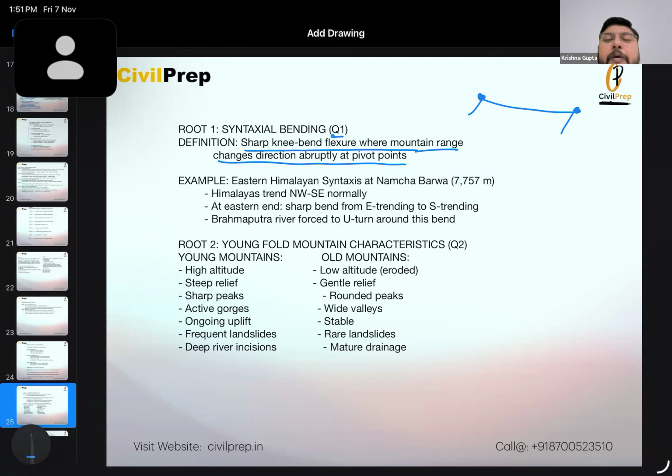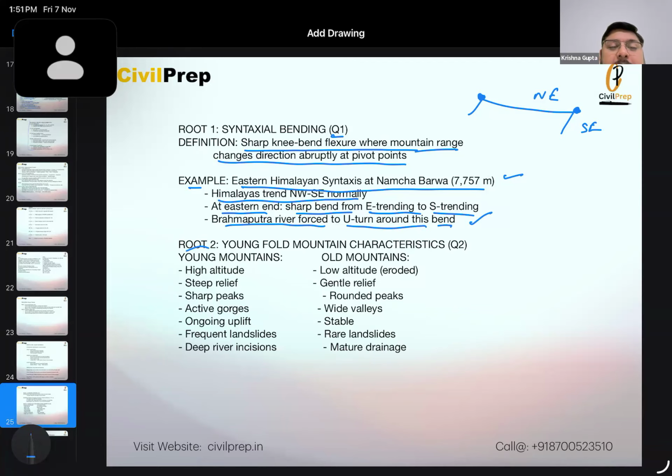So here we have two syntaxial bends where there is a change in the structure. Then example: Eastern Himalaya syntaxis at Namcha Barwa. Himalayas trend northwest, then southeast normally. At the eastern end, there is a sharp bend from east trending to south trending. The Brahmaputra river is forced to U-turn around this bend.